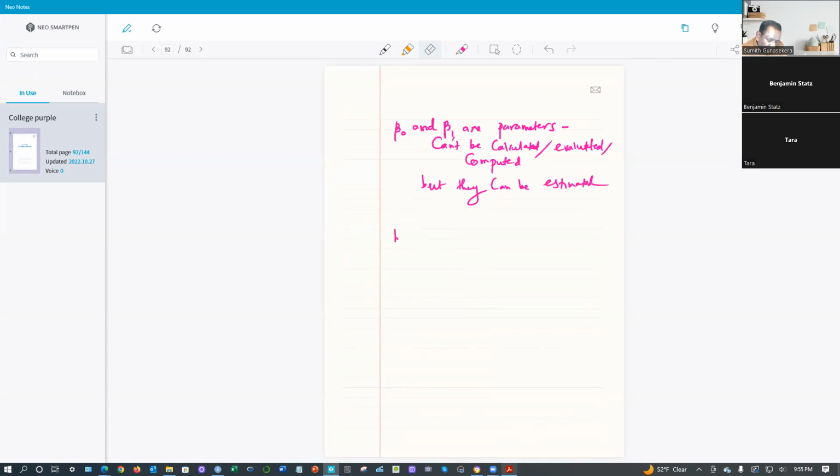Now, b naught and b1 are statistics. Their name is statistics. They can be calculated, evaluated, or computed based on the given data, or with the aid of the given data.